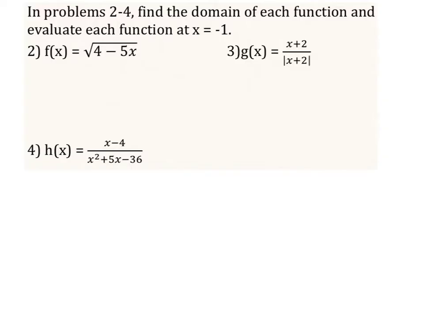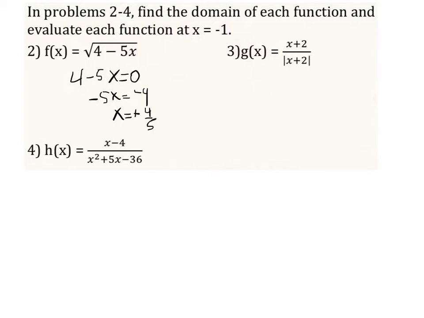So for these ones we want to find our domain. Again, if our function has a radical with an x underneath it, then we would say, well, let's set that equal to 0. 4 minus 5x equals 0. So -5x equals -4. So x equals positive 4/5.